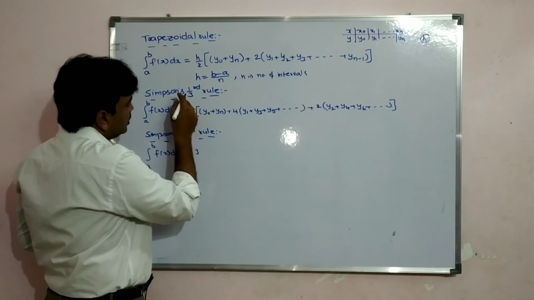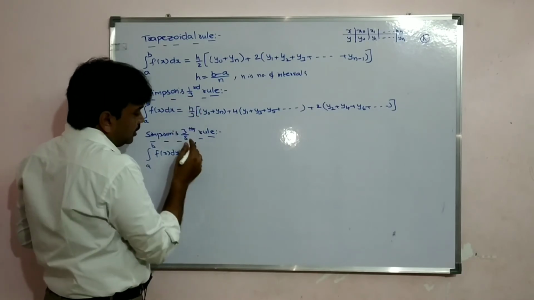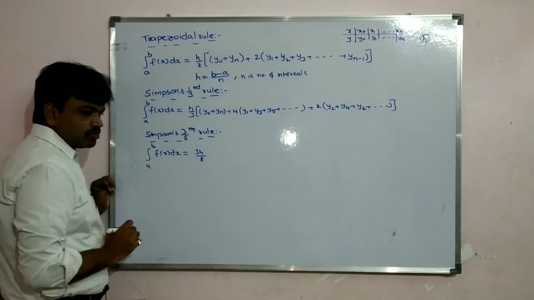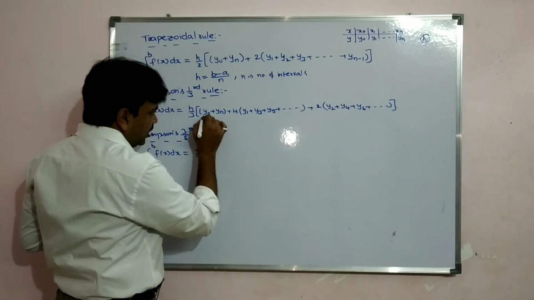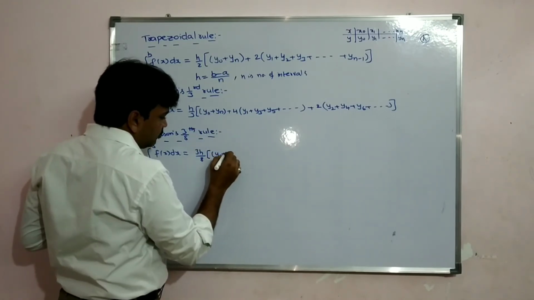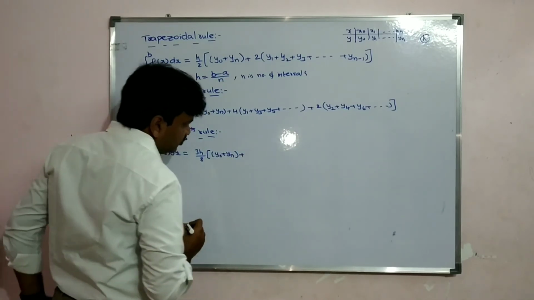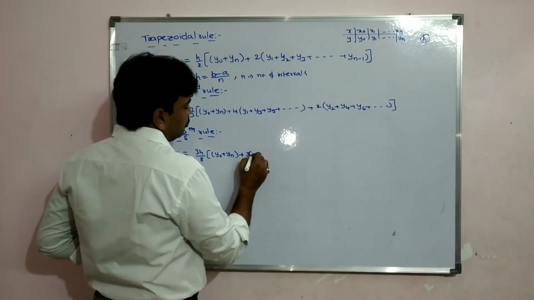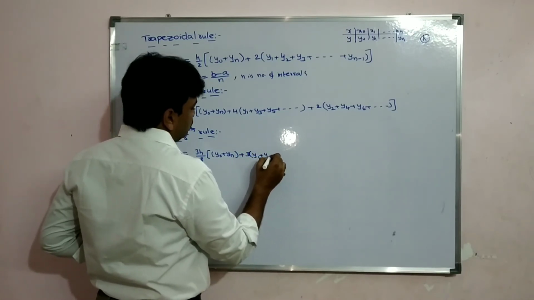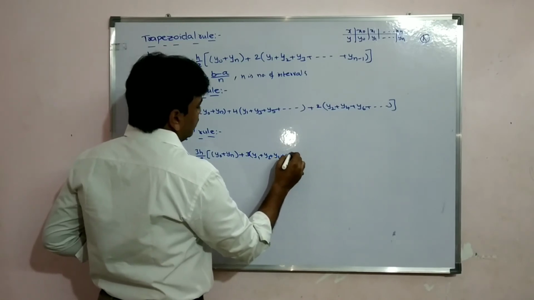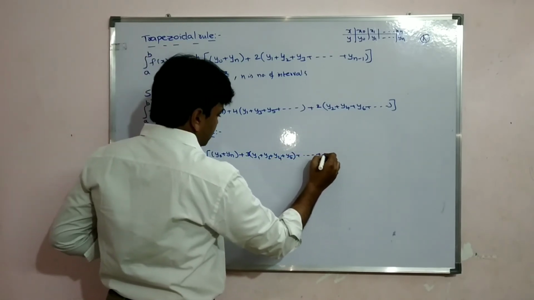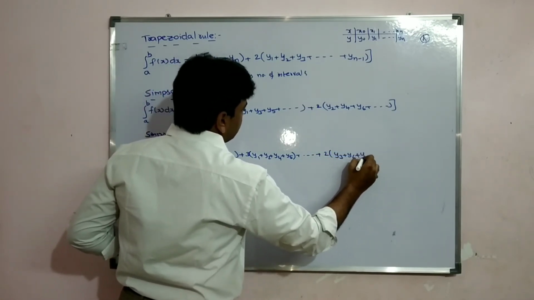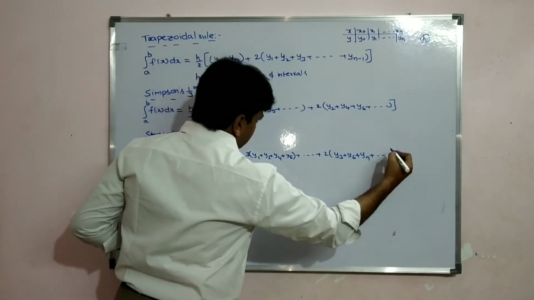So previously 1 by 3rd rule means h by 3. 3 by 8th rule means we can easily remember, 3h by 8 into, again initial value and final value, y0 plus yn plus 3 into y1 plus y2 plus y4 plus y5 plus and so on, plus 2 into y3 plus y6 plus y9 plus and so on.